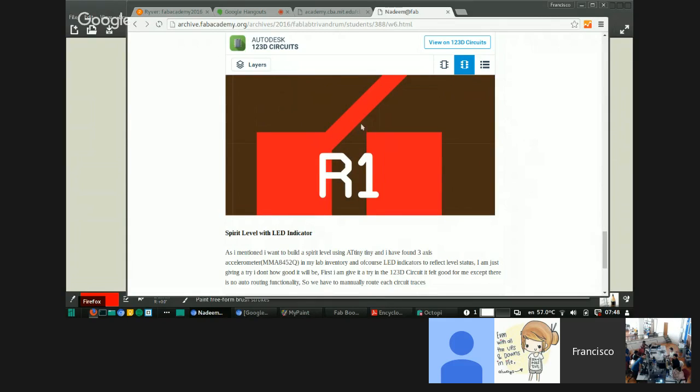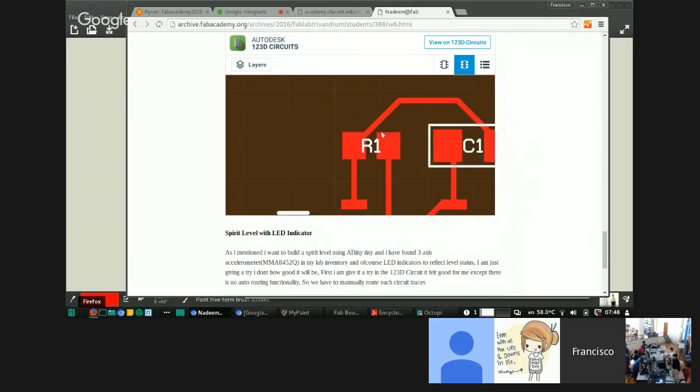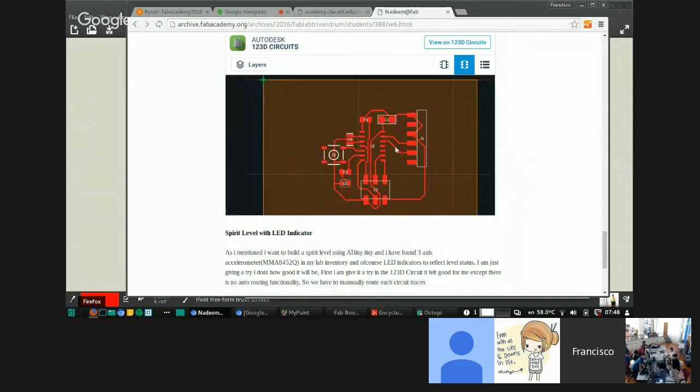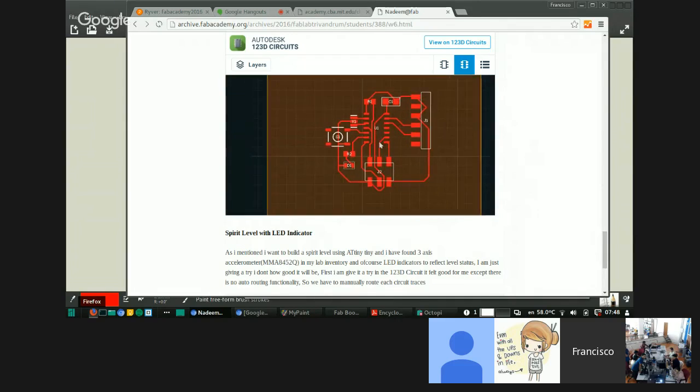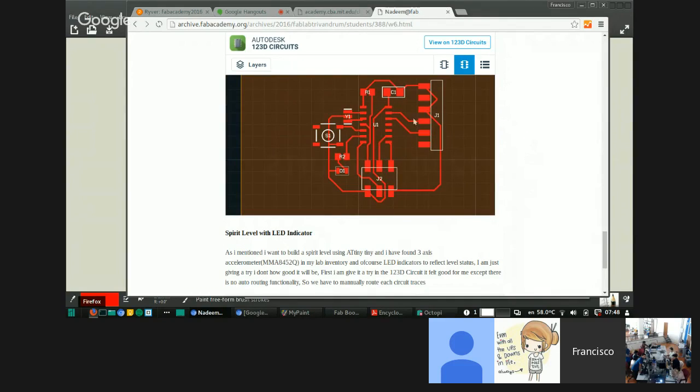You see here that this is going to be connected probably, and some other fabrication problems that are tied to design. But unless you do the milling, you will not see what the problem is. I want you to exercise the workflow from here to fabrication. You need to exercise which is the best workflow for you if you are going to use 1, 2, 3. Okay, Nadim? Okay, I'll do it.